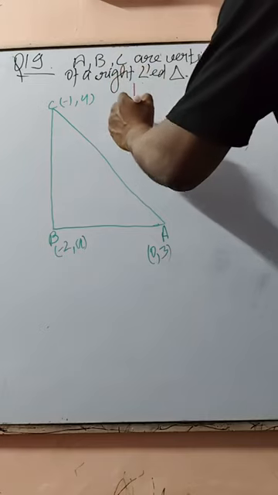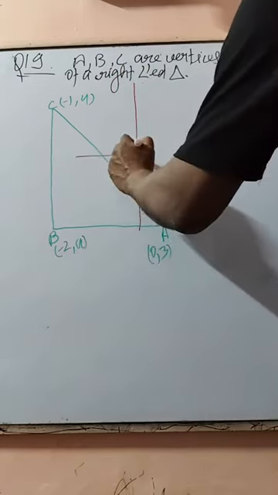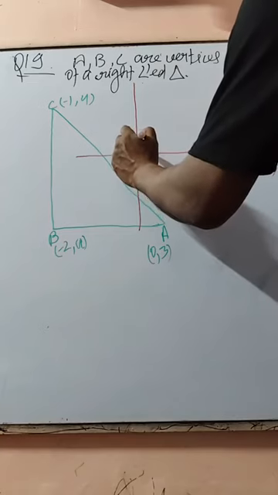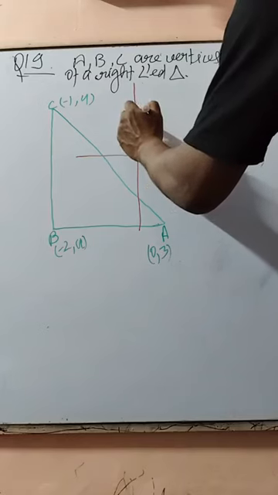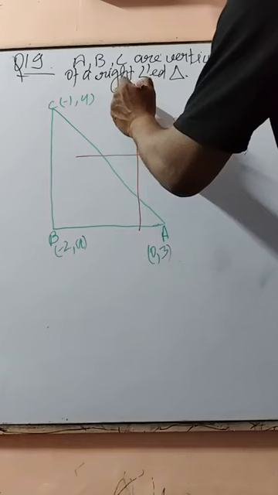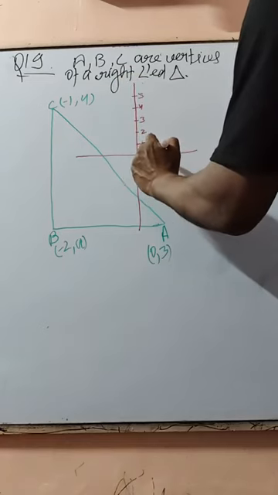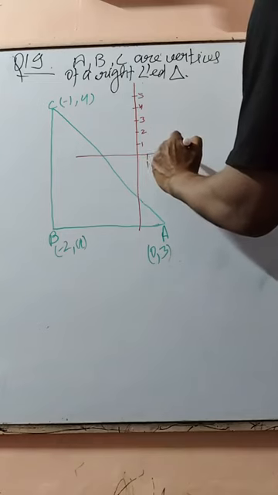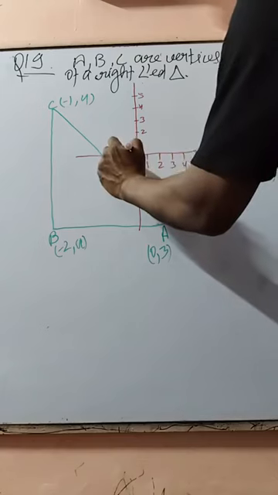This is the coordinate axis, right? Like this. 1, 2, 3, 4, 5.